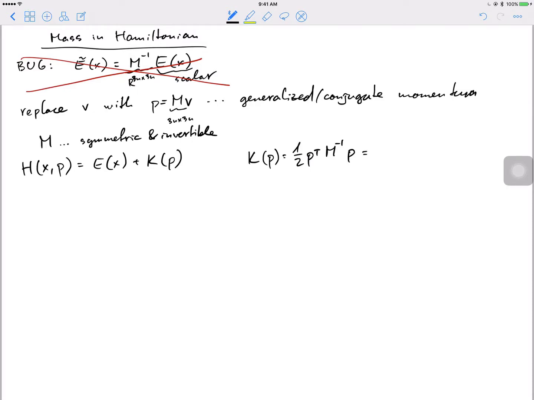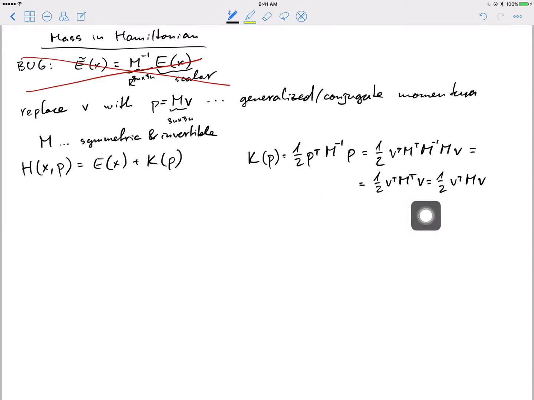It's kind of obvious if you plug in p equals M v, because then you will immediately see this is 1/2 v transpose M transpose M inverse M v. So that is equal to 1/2 v transpose M transpose v, but I said that we assume that the mass matrix is symmetric, so this is just 1/2 v transpose M v.